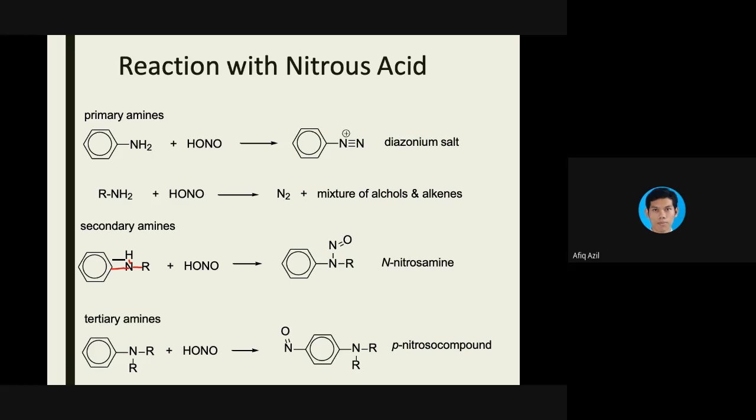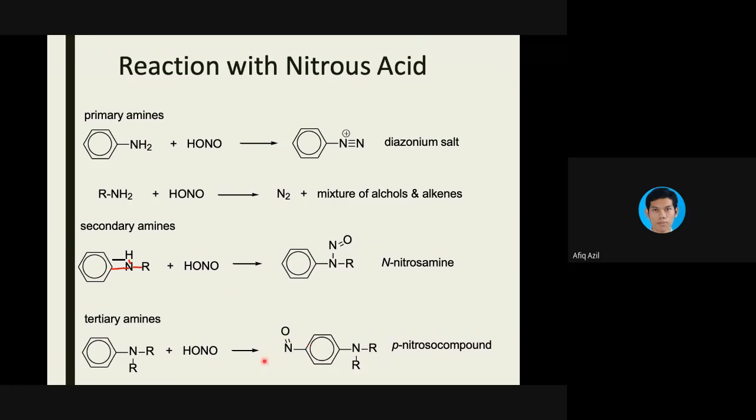But one of them is the hydrogen. So when it reacts with nitrous acid, you are going to end up with N-nitrosamine. Okay, slightly different than the diazonium salt. And for tertiary amines, okay, the product will be P. P stands for para, or you may also write for nitroso compound.